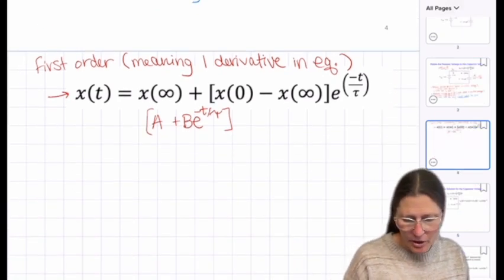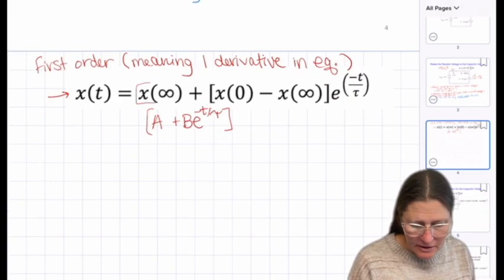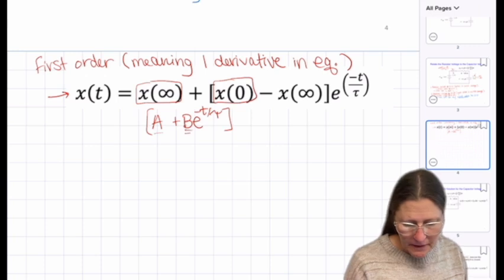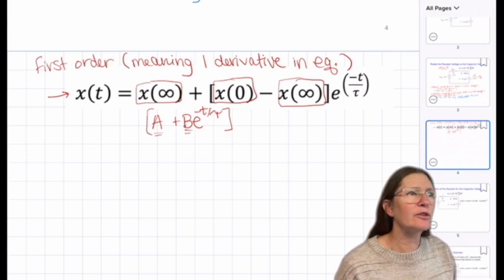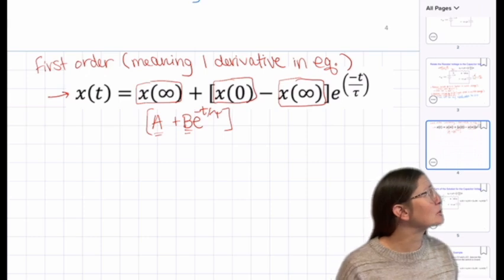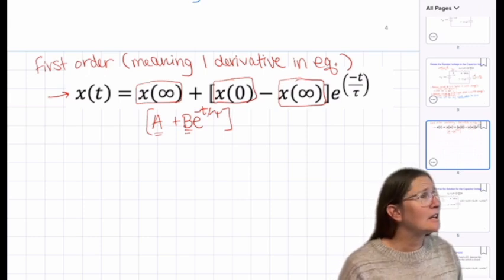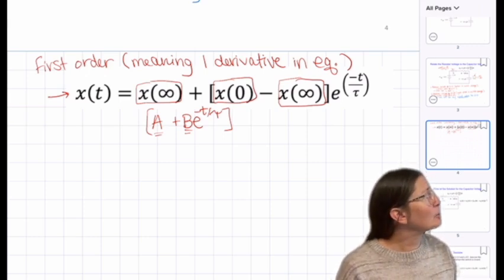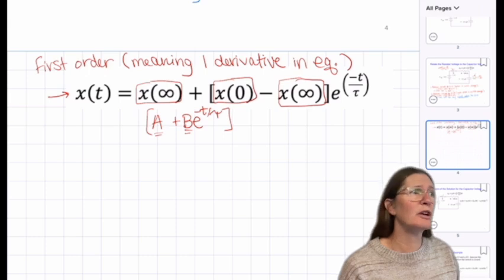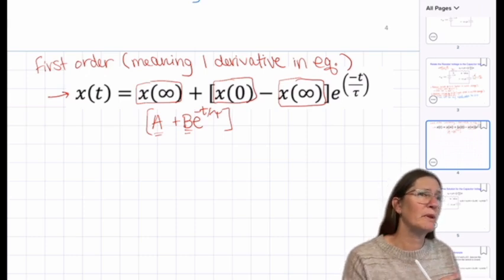The variables A and B are based on the circuit variable. If this is voltage, then this would be the voltage at infinity and voltage at 0. So that's why I'm trying to find those values to plug into this form.